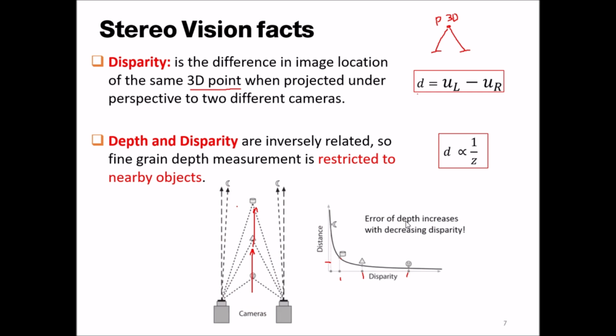We will get error for depth, which increases with decreasing disparity. So in other words, the good information will be in this area. When you go far, for example here and far, then your information will not be clear, you cannot find the differences. So that's why we can read the nearest objects better and brighter comparing to the background.